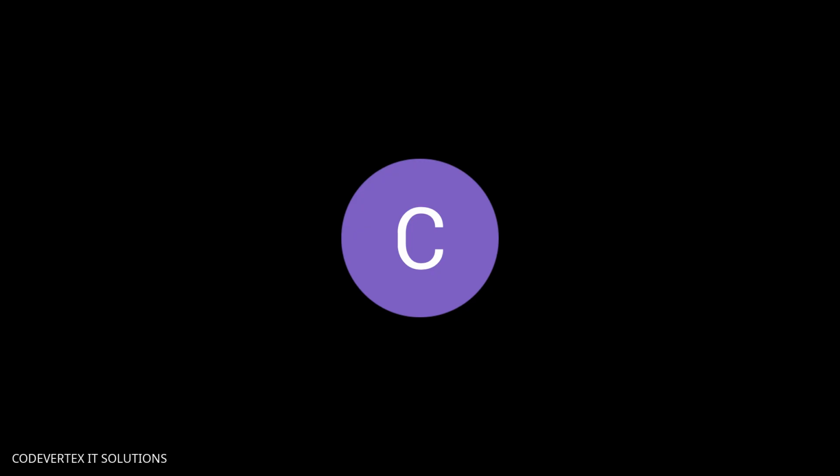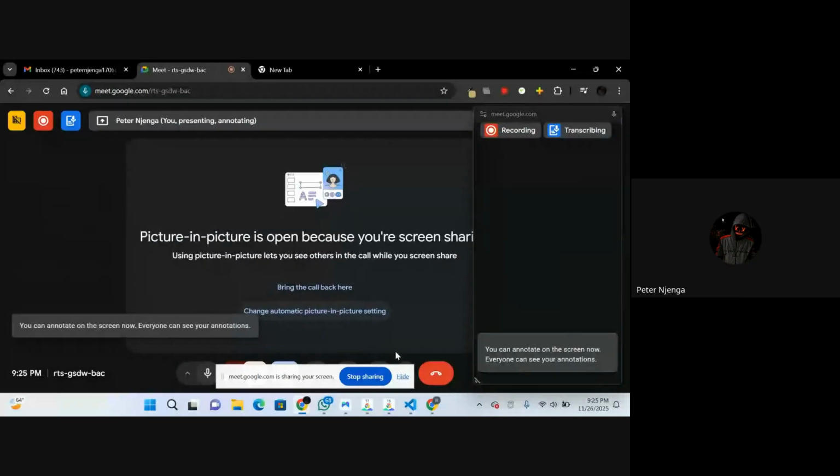Peter, can you share really quick? Peter, can you share? If you can't share, just let me know so that we move to the next person. I can share. Okay.